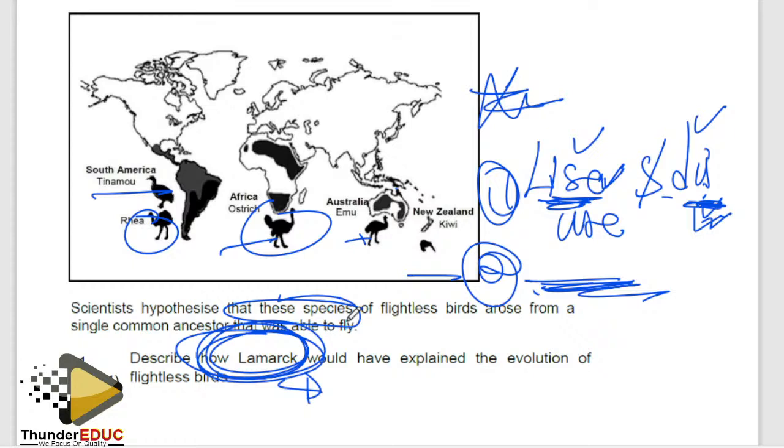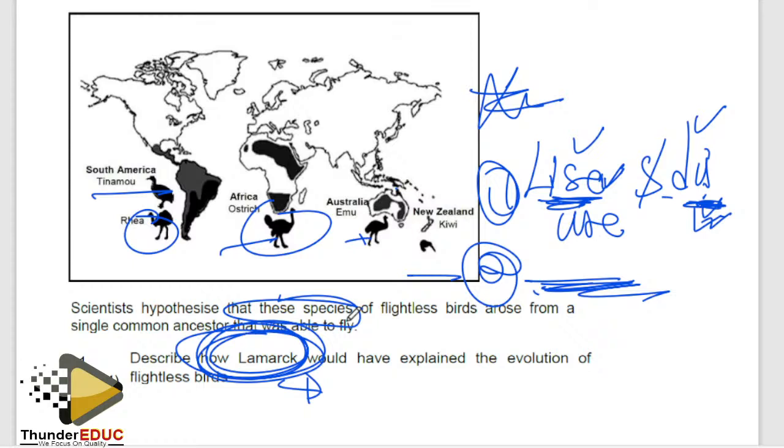There is not enough evidence to show that the flightless birds acquired this character, or passed this character to the next generation, from flying birds to flightless birds. There is not enough evidence to support that these flying birds became flightless by not using this character.